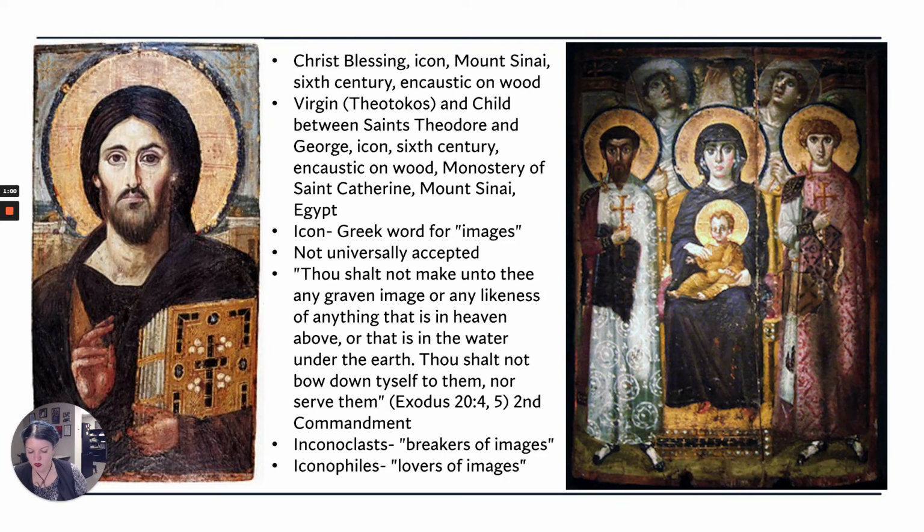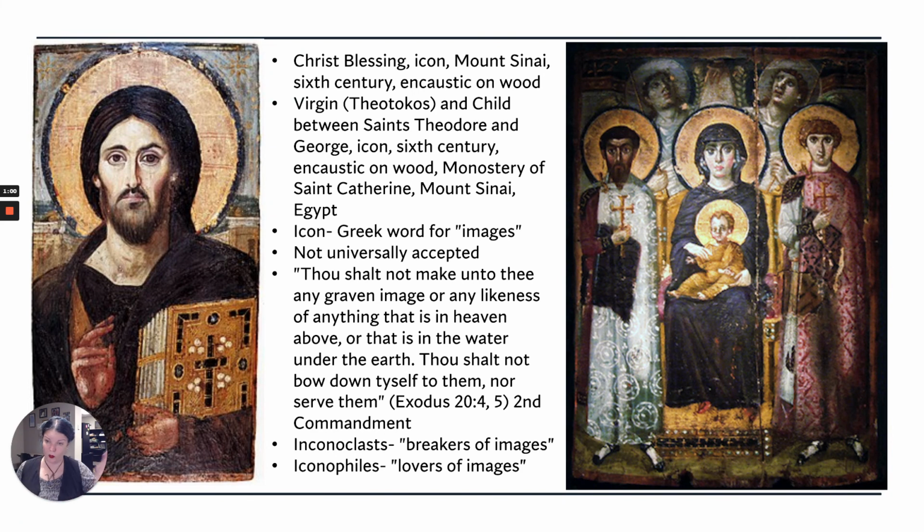So in 726, Leo III bans picturing the divine throughout the empire. And the reason for this thought is the second commandment, which is in Exodus in the Old Testament, which is thou shalt not make unto thee any graven image. So the idea is Leo is kind of getting beaten badly and decides that the reason he keeps failing is because God's mad at him for this icon worship.